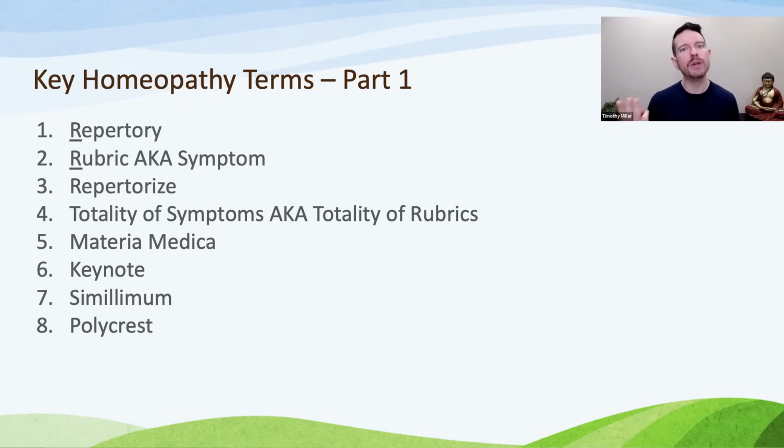Side note, typically we wouldn't even use just 3 symptoms. We look at maybe 6 or more to find the best fitting remedy. So totality of symptoms, again, is just the totality of rubrics. We're not just looking at one individual rubric or symptom. We're looking at the big picture, the whole picture. And that's how we get our totality of symptoms.